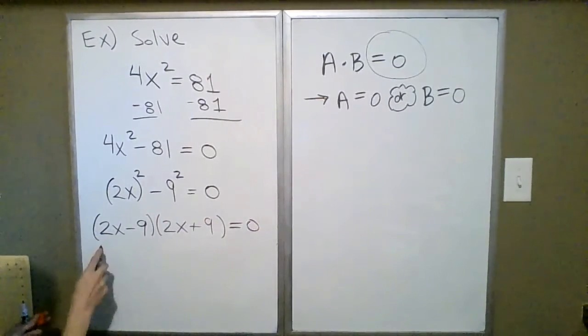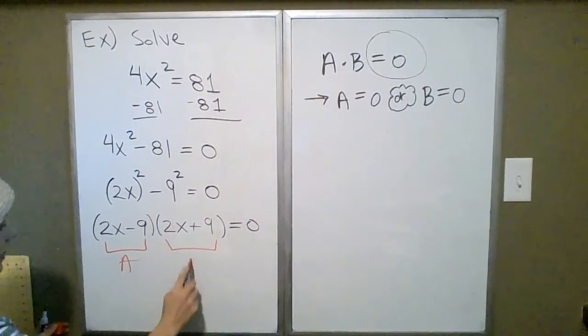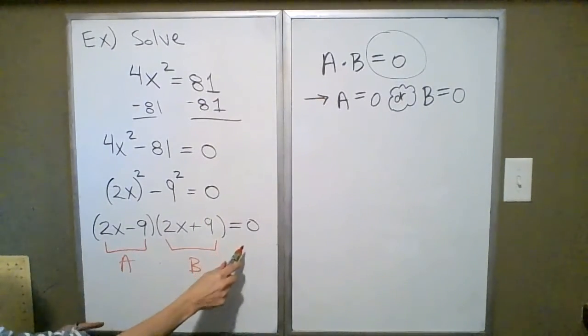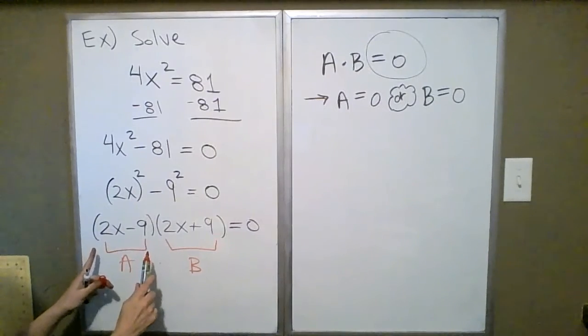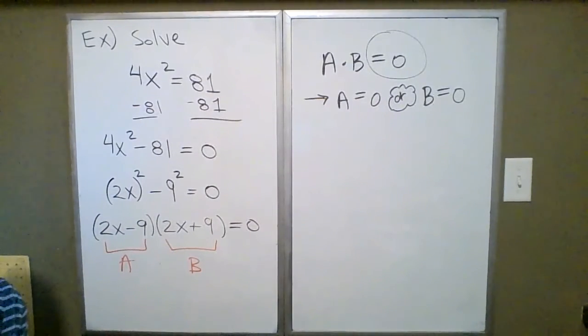So now here's my A, this is what I'm calling A, and this is what I call B. I've got my A times B equals 0, which means I can take A and put it equal to 0, and I can take B and put it equal to 0. And that's how I get my two solutions.